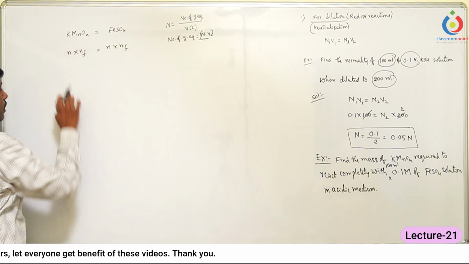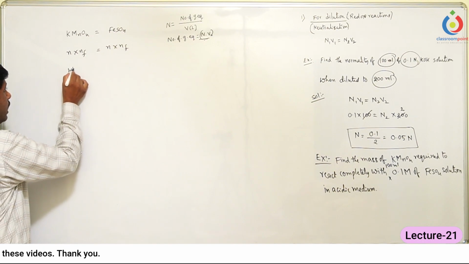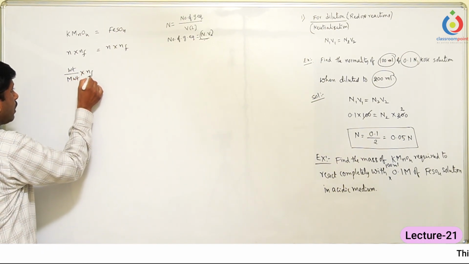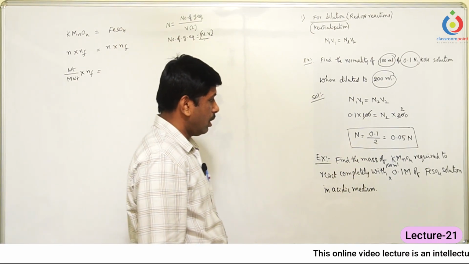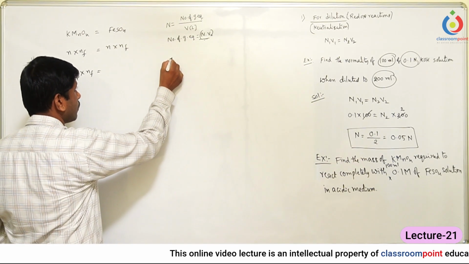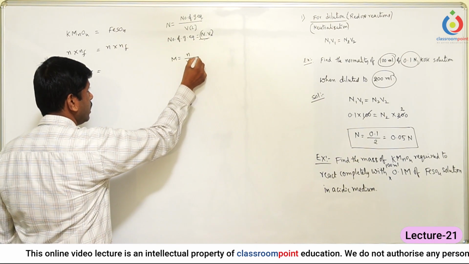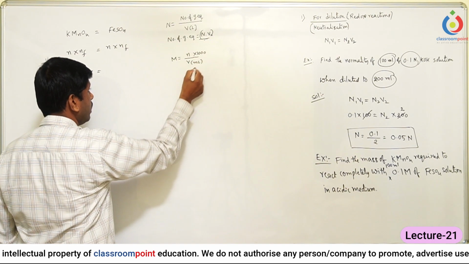Now here they asked about the KMnO4 mass. Number of moles means weight by molecular weight into n factor. Here we need the number of moles of FeSO4, but molarity is given. We know that molarity equals the number of moles by volume of solution in liters, so it has to be 1000 by volume of solution in milliliters.